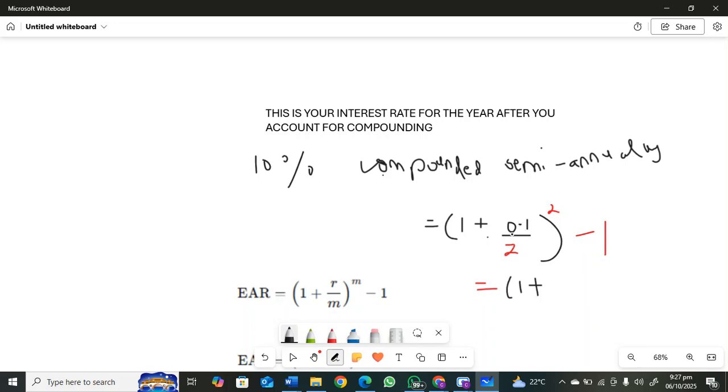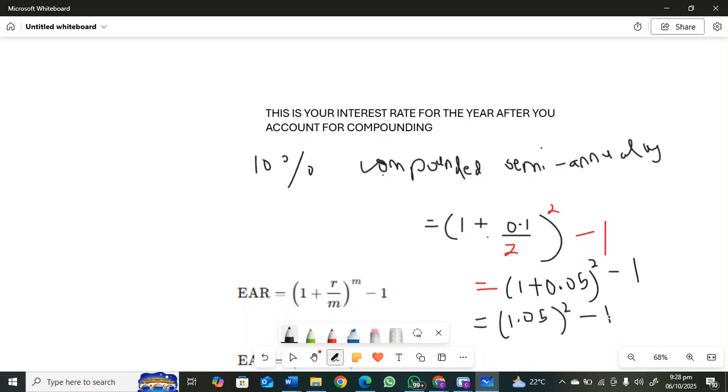So 0.1 divided by 2 is 0.05, which is just the same as 5%, to the power 2 minus 1. Okay, so I'm going to say 1.05 to the power 2 minus 1.